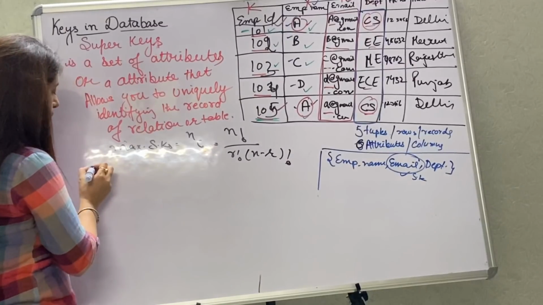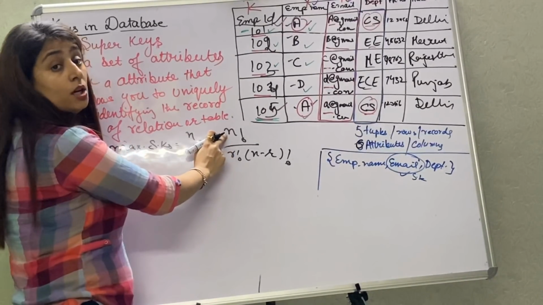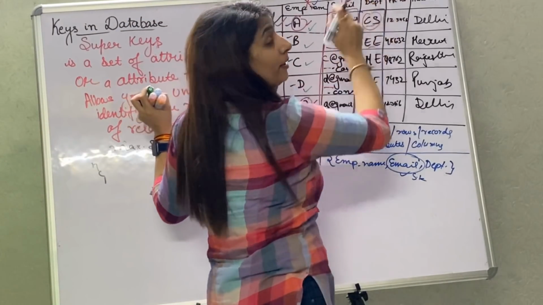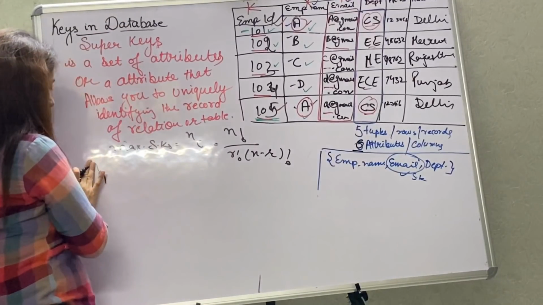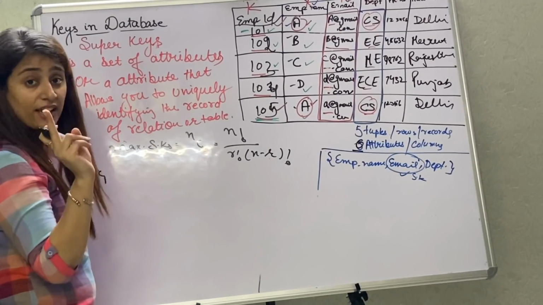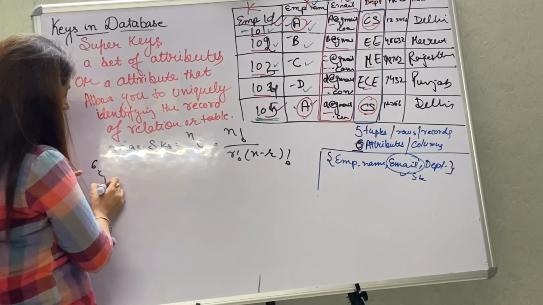So how to do it? nC1. What is n here? It is the number of attributes, and we have 6 attributes. So instead of n, I will write 6C1. What does this mean?